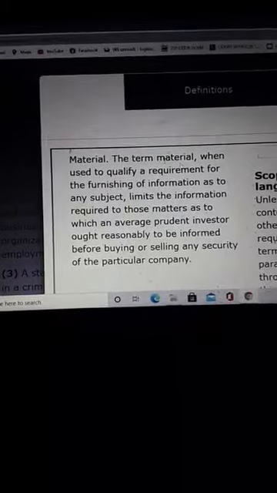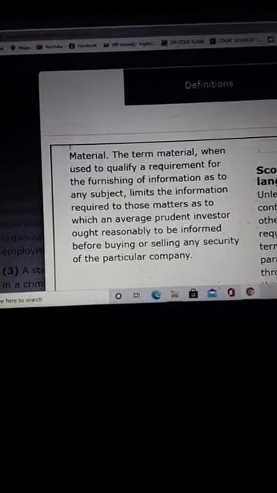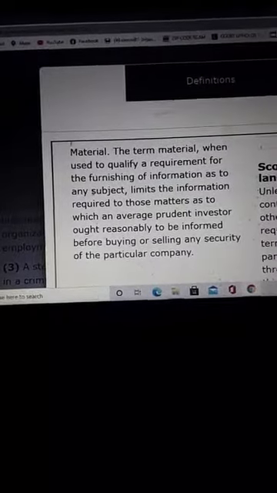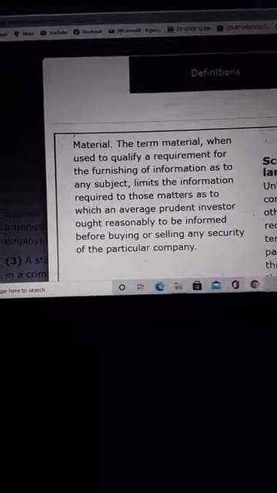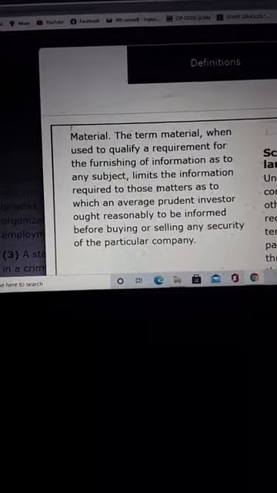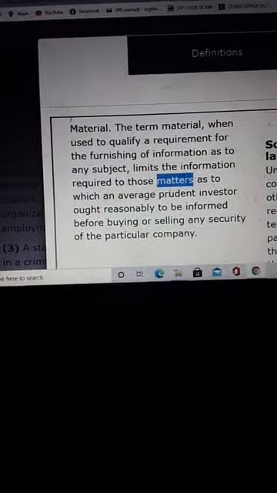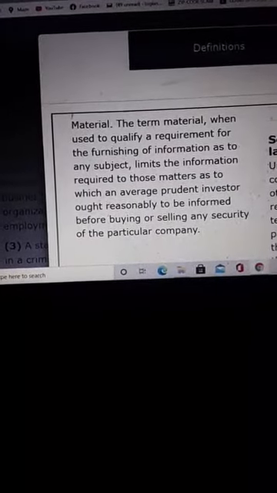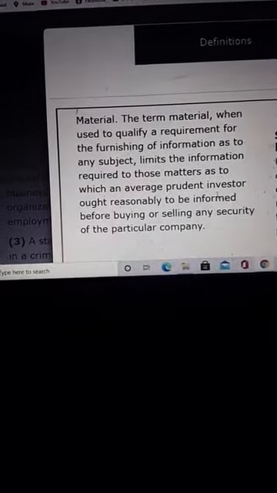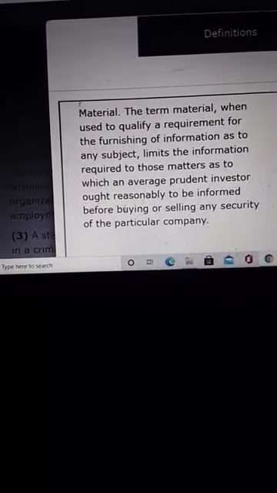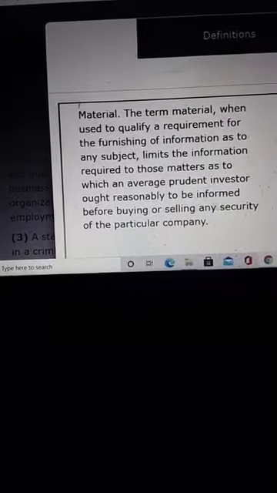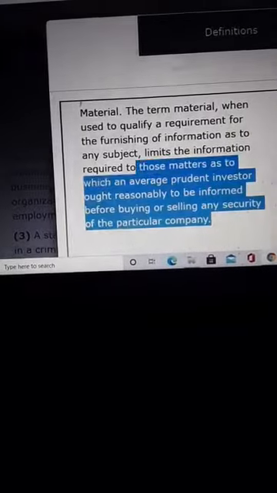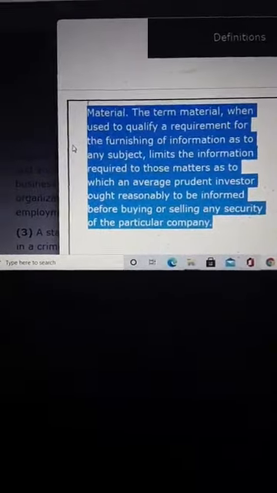Material. The term material, when used to qualify a requirement for furnishing of information as to any subject, limits the information required to those matters as to which an average prudent investor ought reasonably be informed before buying or selling any security of the particular company. Period.